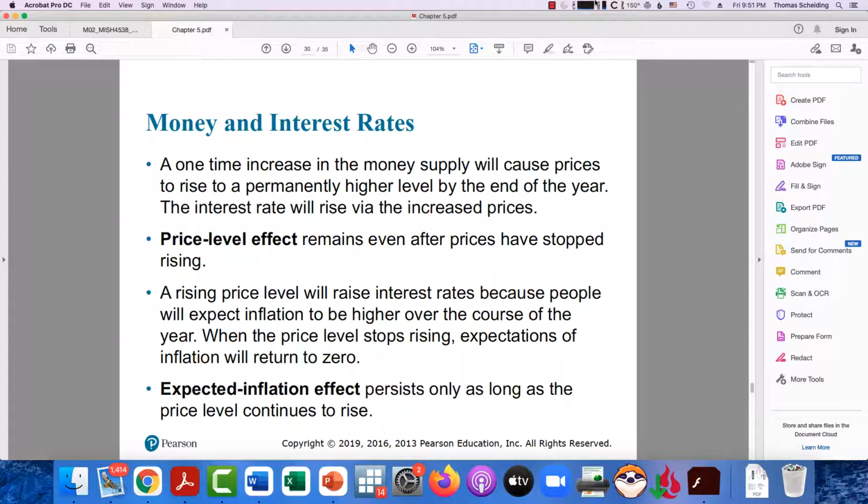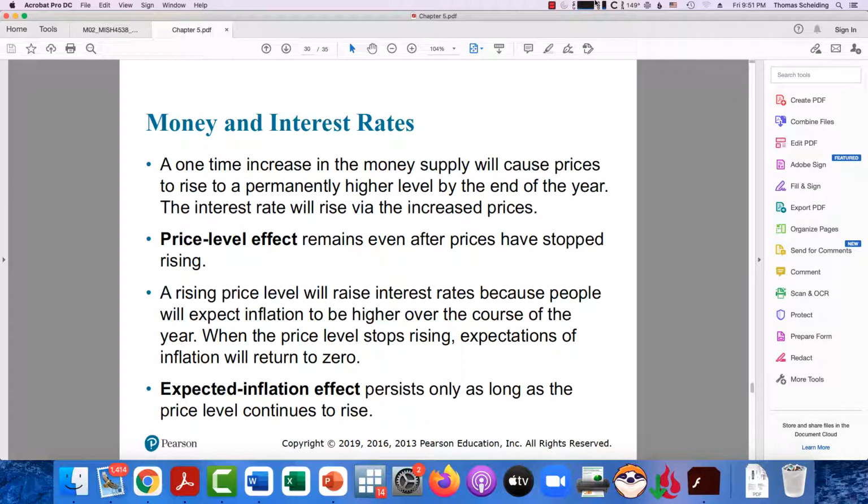In general, if we look at the price level effect and expected inflation effect, what we see here is that if you increase the money supply, then it leads to higher prices, and it leads to a higher interest rate.